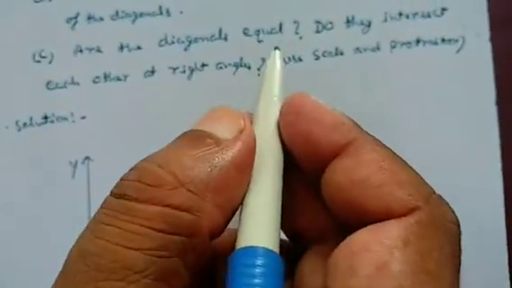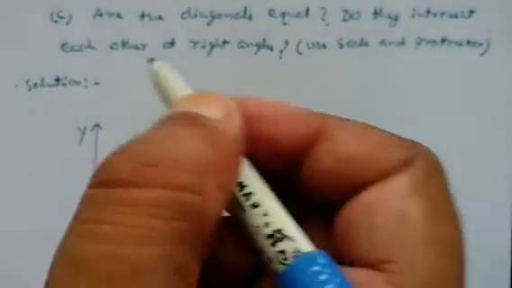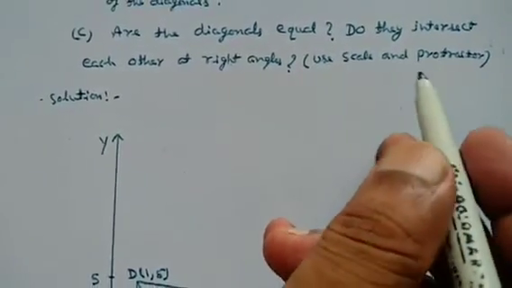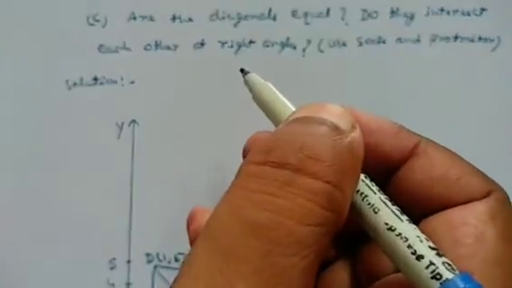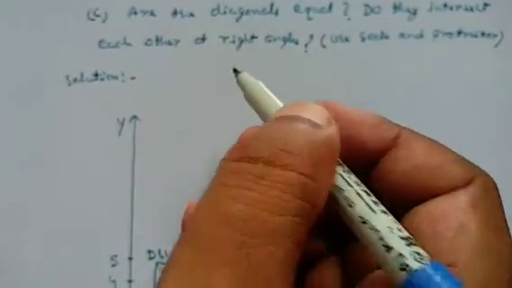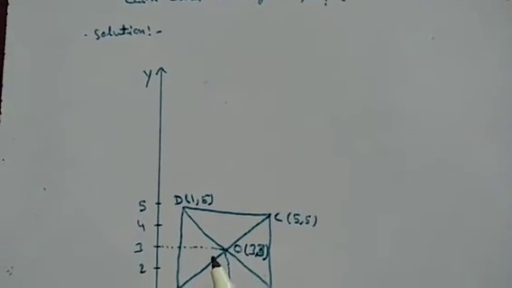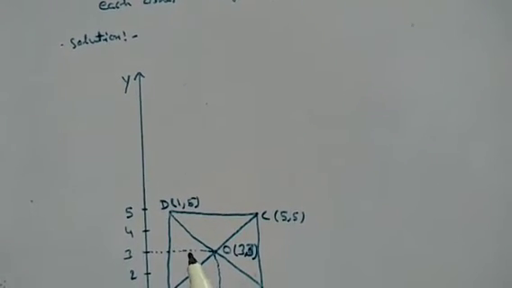In question C, are the diagonals equal? Do they intersect each other at right angles? Use a scale and protractor. Children, we know that the diagonals of a square are equal and they intersect each other at right angles.